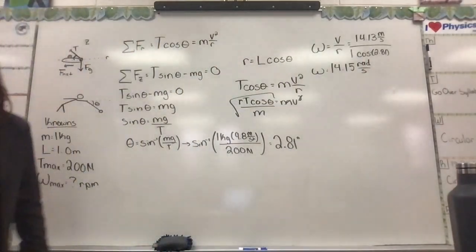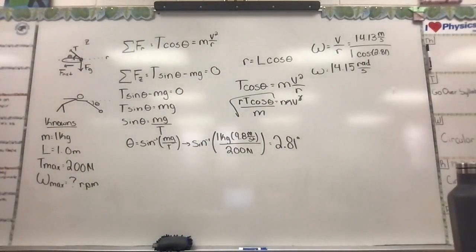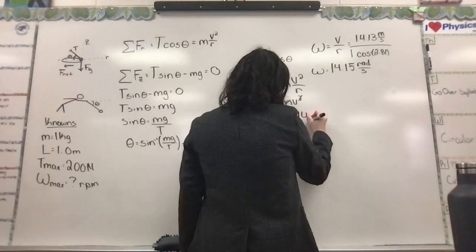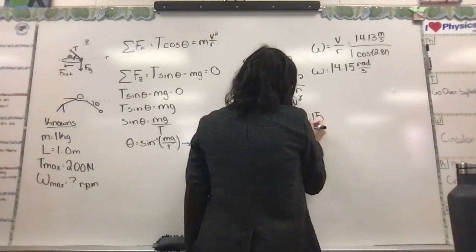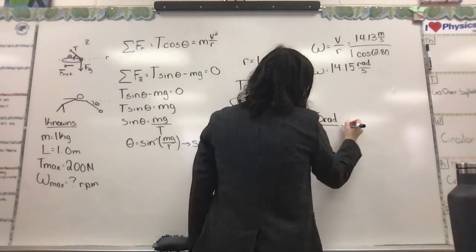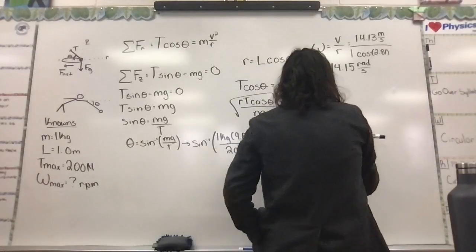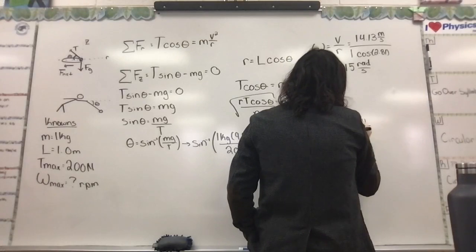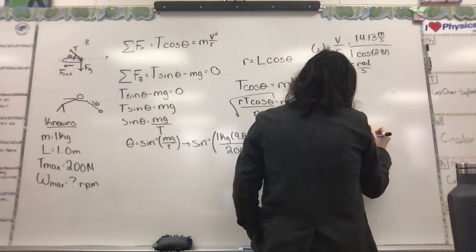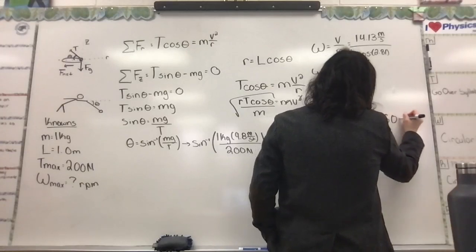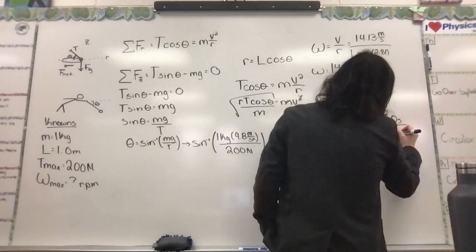Now, is that the answer? No, it wants RPMs. 14.15 radians occur in 1 second. Okay. How many radians are in 1 revolution? 2 pi. Okay. How many seconds are in 1 minute? 60. Okay.